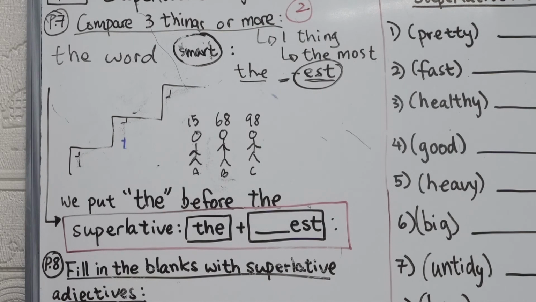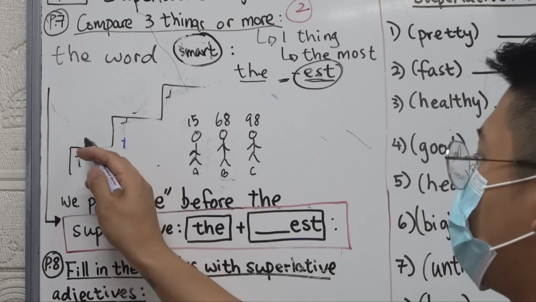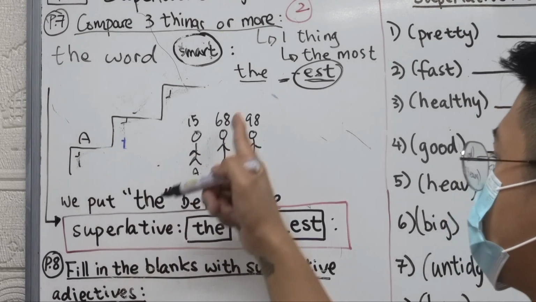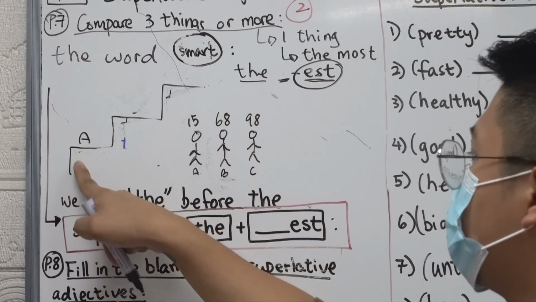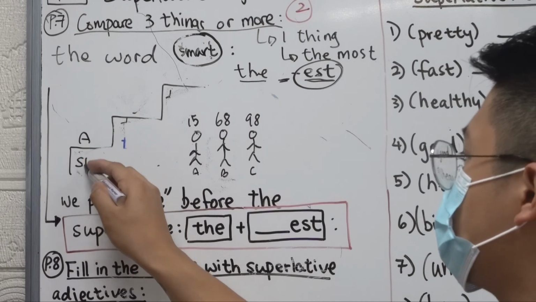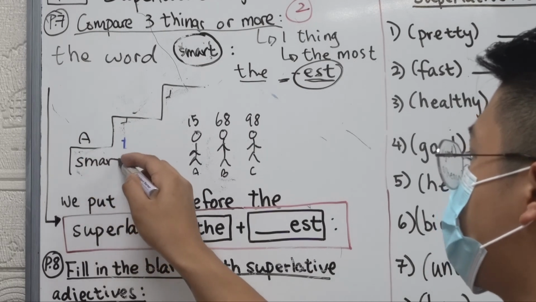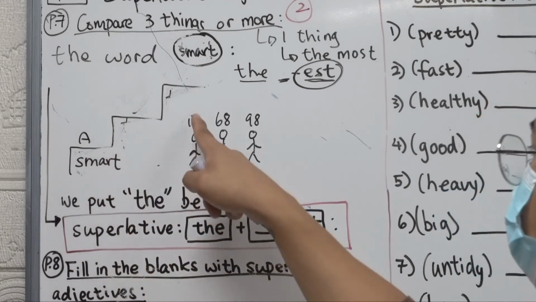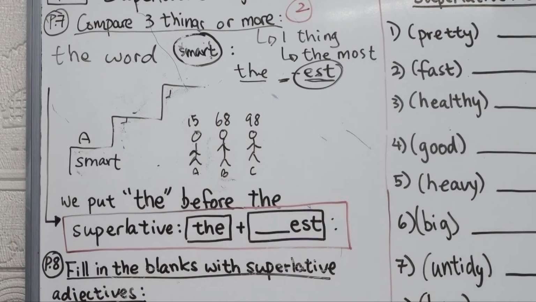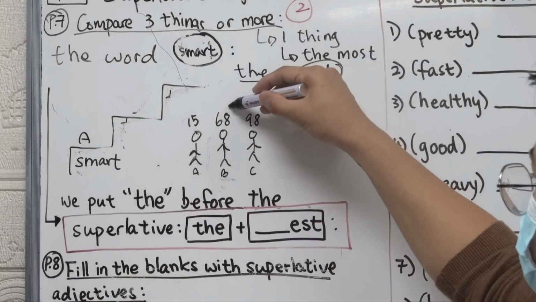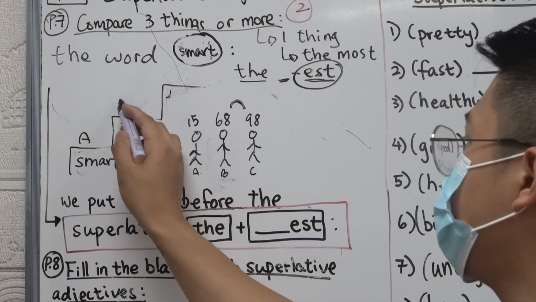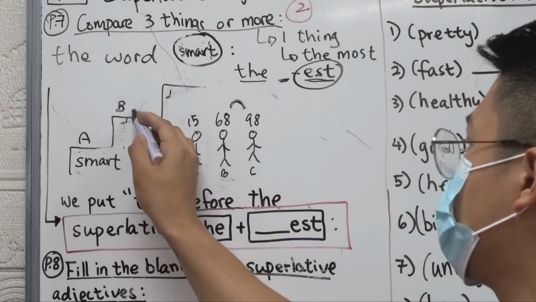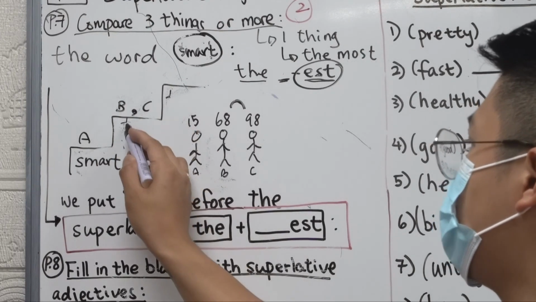Very similar. We have A here. A has the smallest number, and we can say he or she is just smart. But someone is smarter than A. There are two people smarter than A. So we can say B and C are both smarter than A. You can also put two people here, B and C. They are smarter.